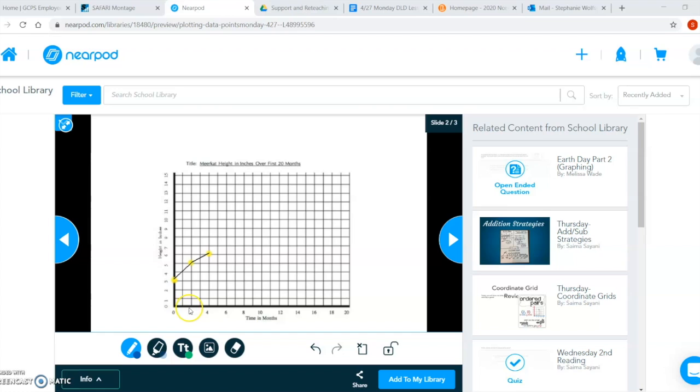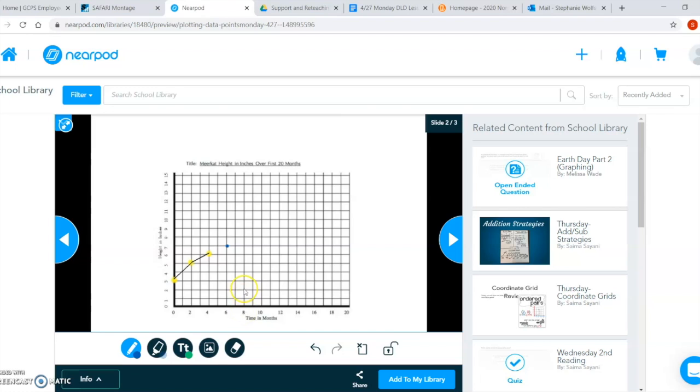Okay, so I think I have my draw tool on. So 6 months, my x is 6 and my y is 7. Okay, so there's my dot. Then I go 8 months. At 8 months, the meerkat is 8 inches.